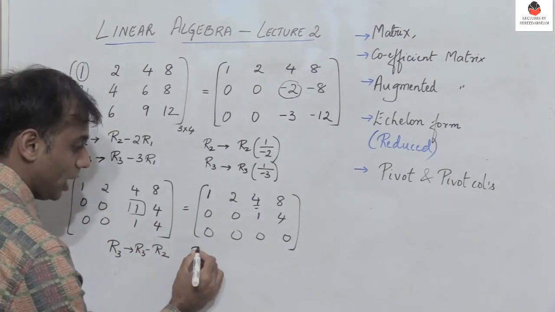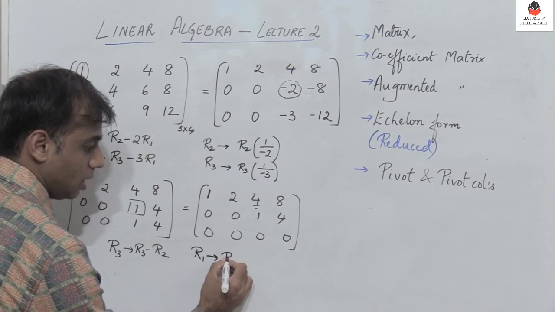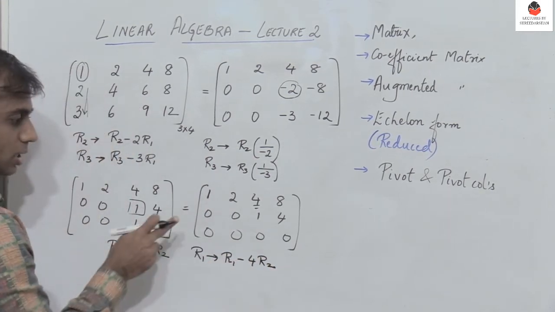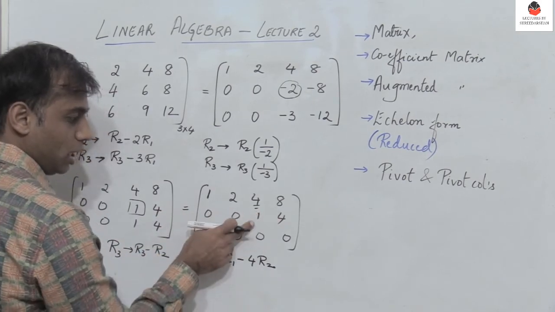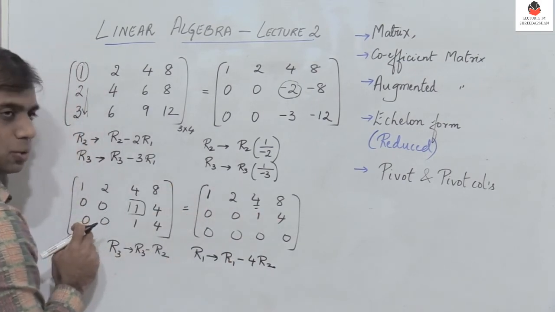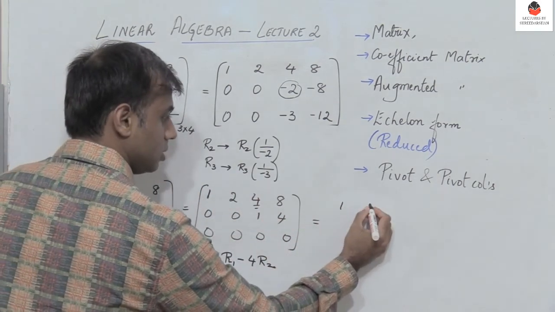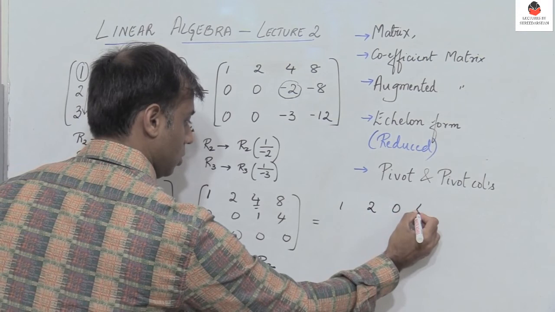So what do I do? I perform R1 is R1 minus 4 times R2, right? So multiply row 2 by 4 and perform R1 minus 4 times R2. So 4 minus 4 would give me 0 there. So I have 1, 2, 0.